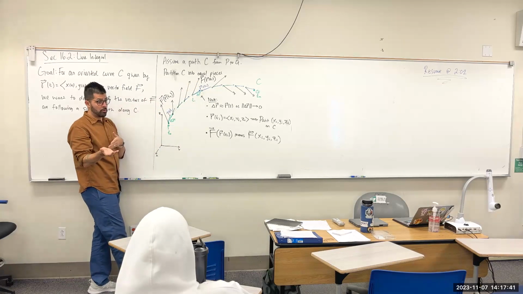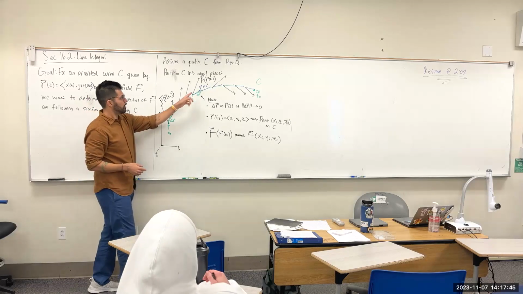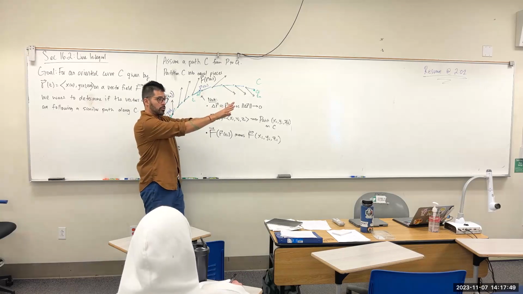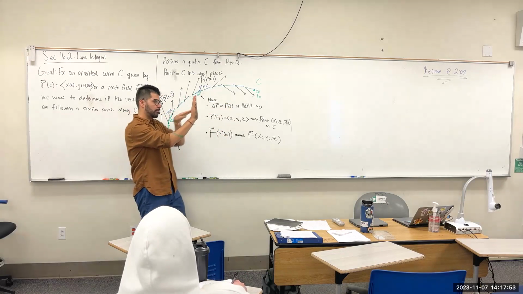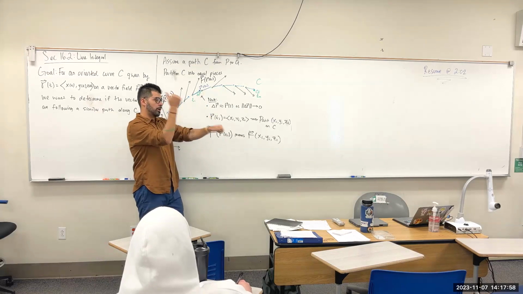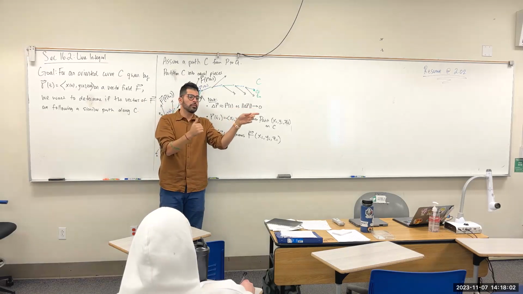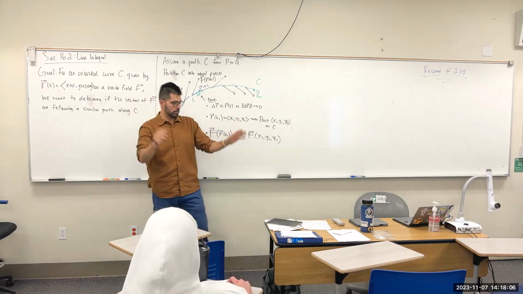We're going to use the dot product to tell us the angle between them. Is the angle between them less than 90? If it is, then they're relatively going in the same direction. Are they orthogonal? Then the path is perpendicular to the vector field. Or is the angle greater than 90 degrees? That tells me that the path is going one way, but the vector field is pointing in the opposite direction, relatively.